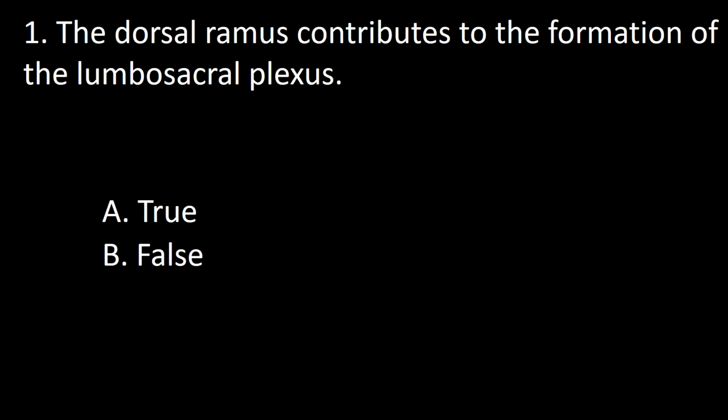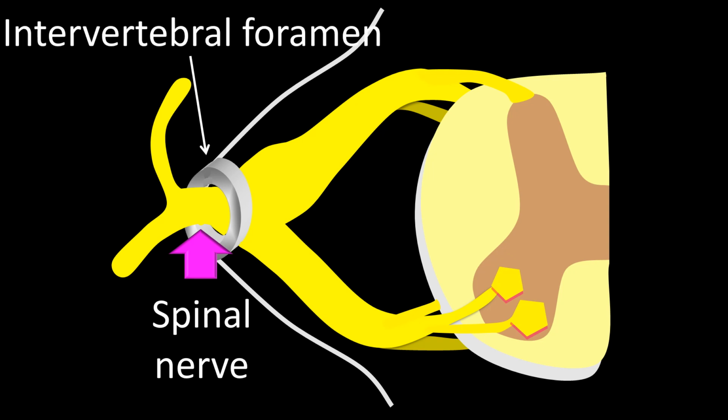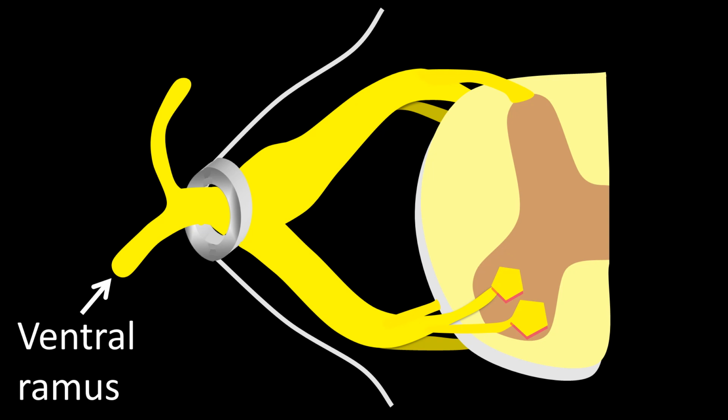A true, B false. The junction of the dorsal and ventral roots forms the spinal nerve. The spinal nerve leaves the spinal canal through the intervertebral foramen. Each spinal nerve divides into a ventral ramus and a dorsal ramus.